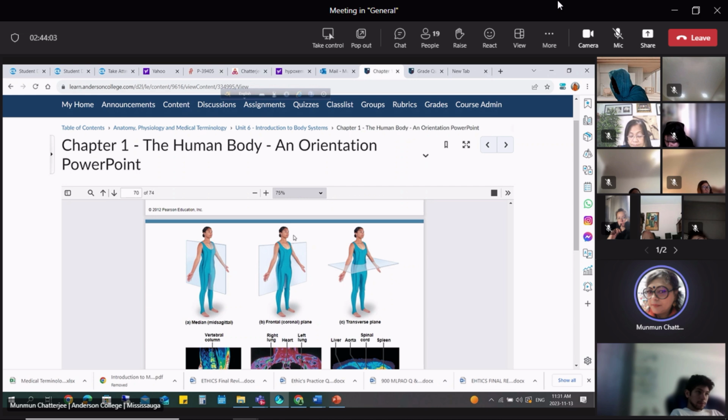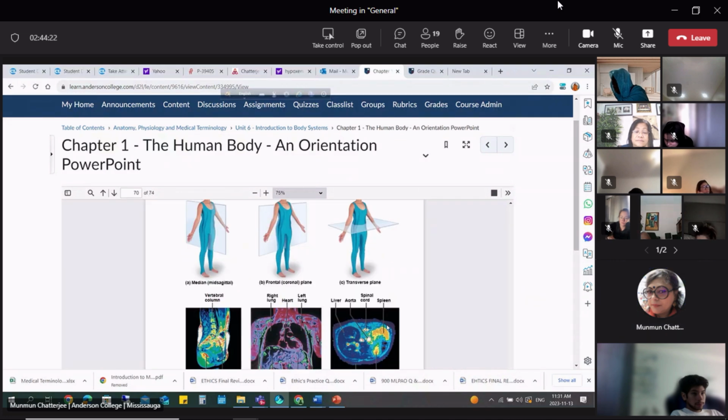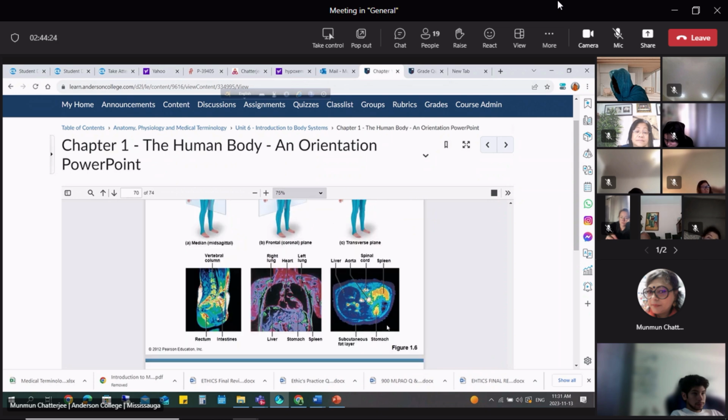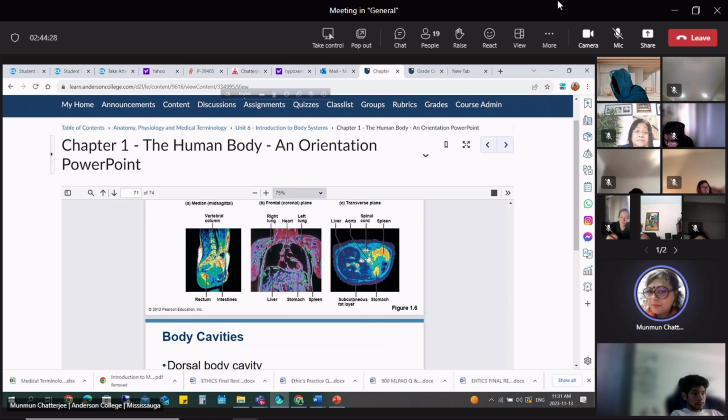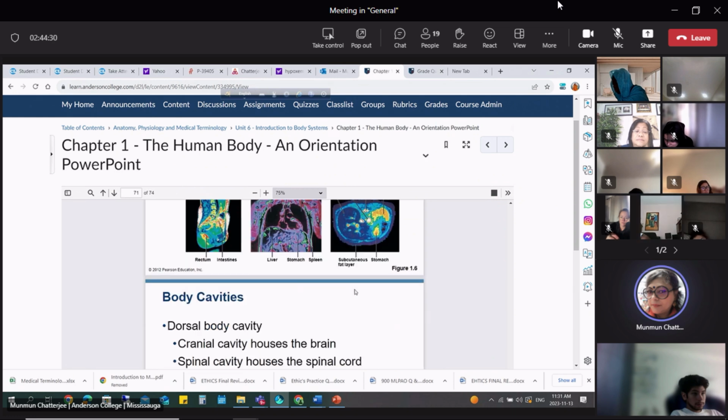Frontal, when cut the body into front and back, is called the frontal or coronal plane. And when you cross the body into upper and lower, or superior and inferior, it is called the transverse plane. These are the different planes of the body.